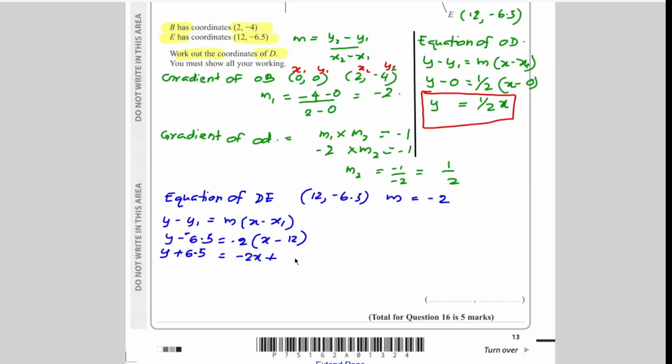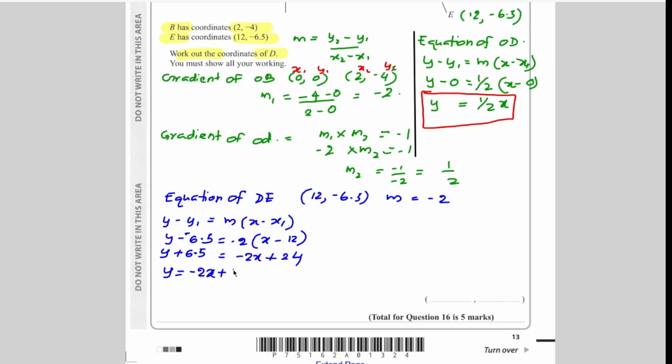plus 24. Here we made a mistake. It is y minus minus 6.5. Then y equals minus 2x. So when 6.5 comes over here, it becomes minus 6.5. Then 24 minus 6.5 is 17.5.